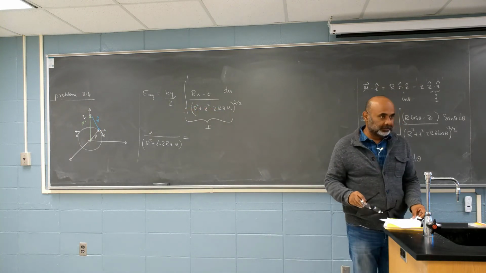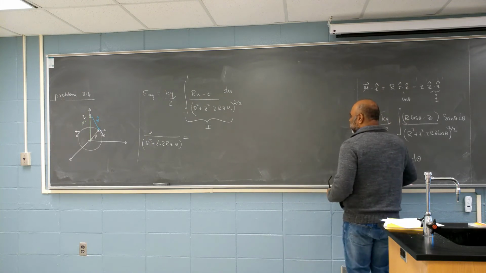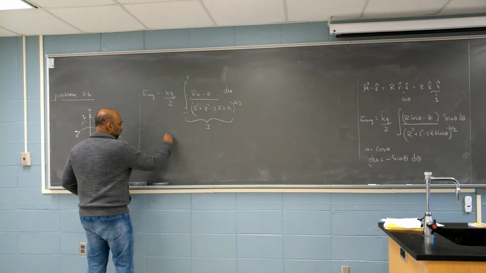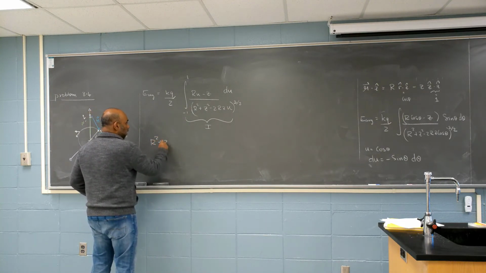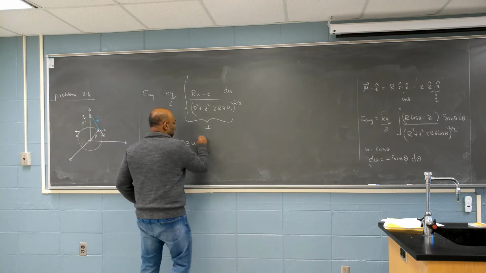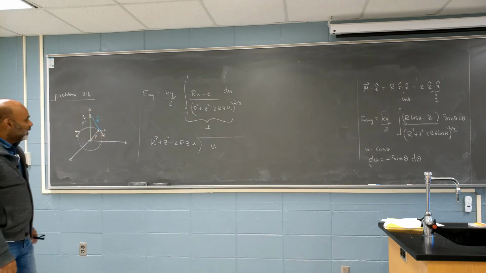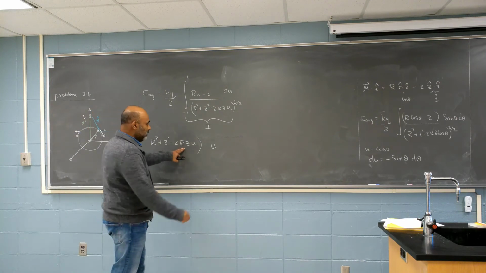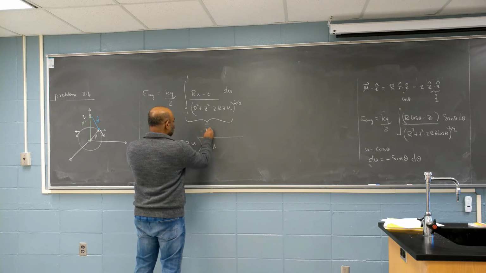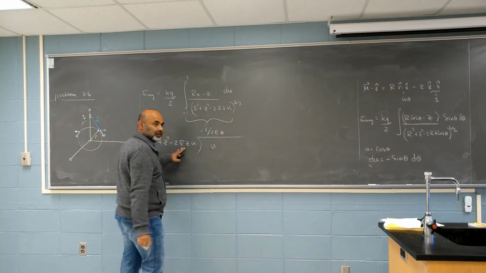How do you do the sucker? Let me do it this way first. I don't think I ever mastered long division. Look, I have this guy over here. So I'm going to do minus 1 over 2rz.